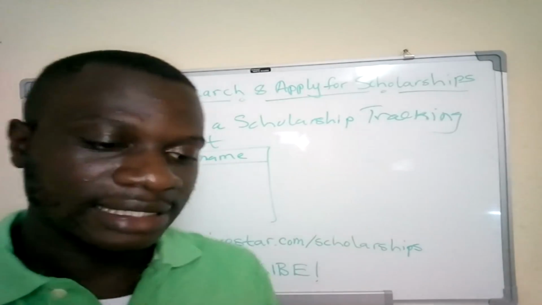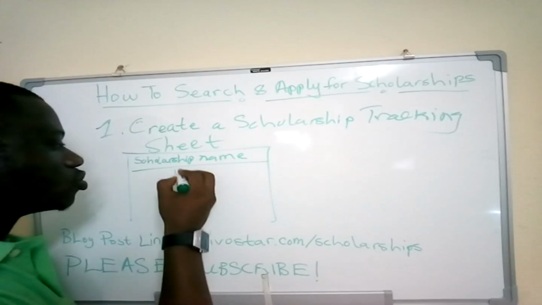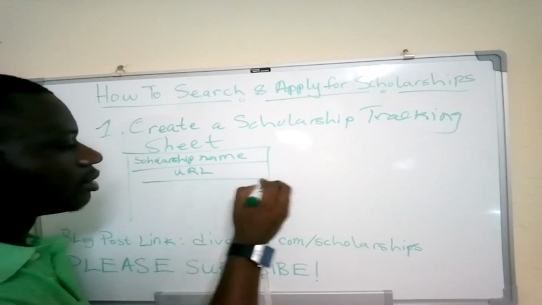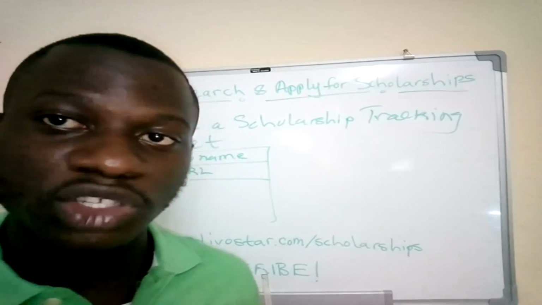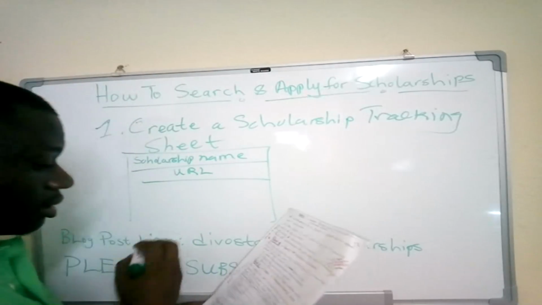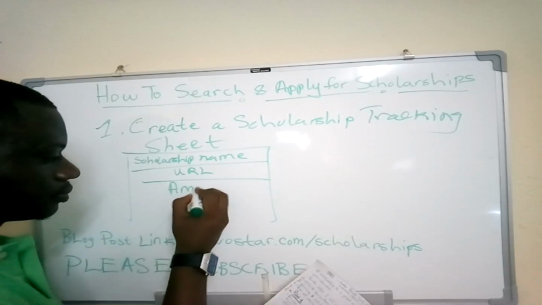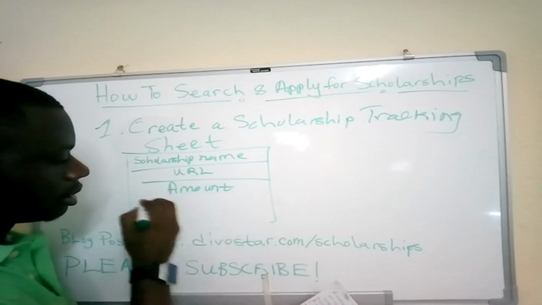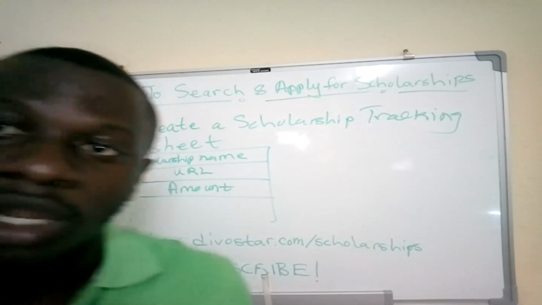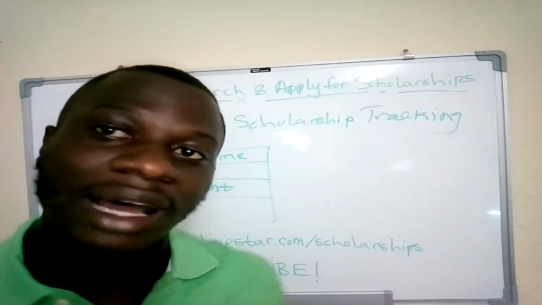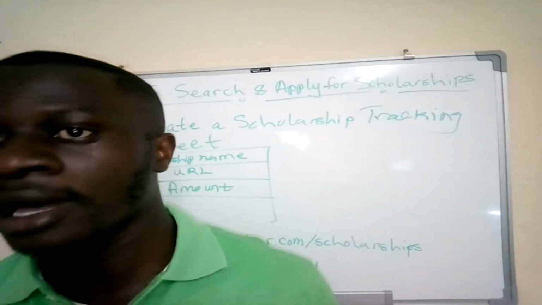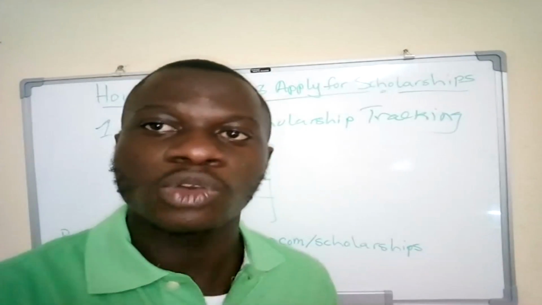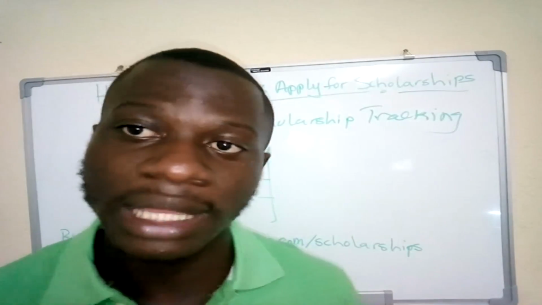the next is the link, the URL, the link to the website of the scholarship, the amount. Is it a scholarship that covers all the tuition, full tuition waiver? Is it a particular amount that the winner is given?